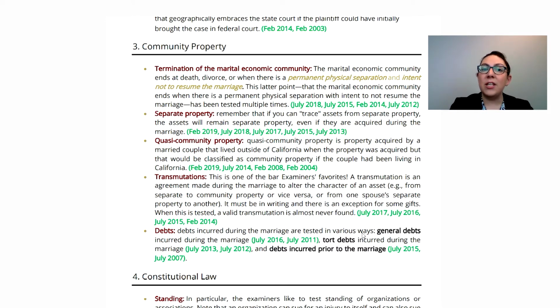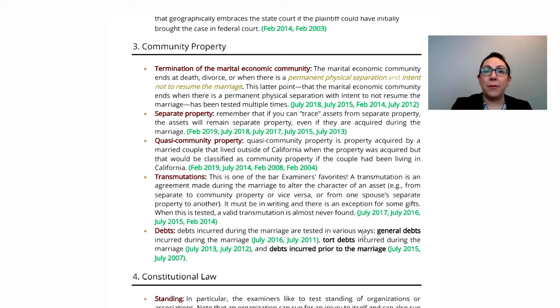So if the presumption is that something is separate property, has anything changed the characterization of that property from separate property to, let's say, community property, such as a transmutation, which you can see here is one of the highly tested topics. If there's been a transmutation, this is where the parties agree to change the characteristic of a particular piece of property.